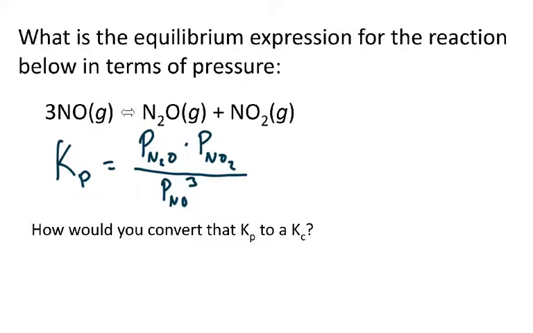And then converting that Kp to a Kc, my Kc is going to be my Kp divided by RT. And then my delta N in this case, I have 2 moles of gas on my product, 3 on my reactant. So, like all of our examples so far, it's going to be to the negative first power.